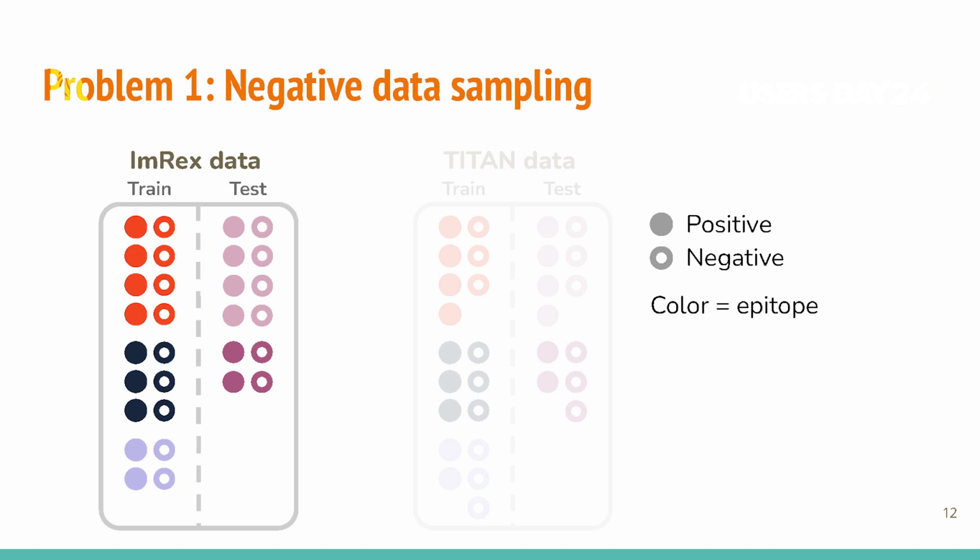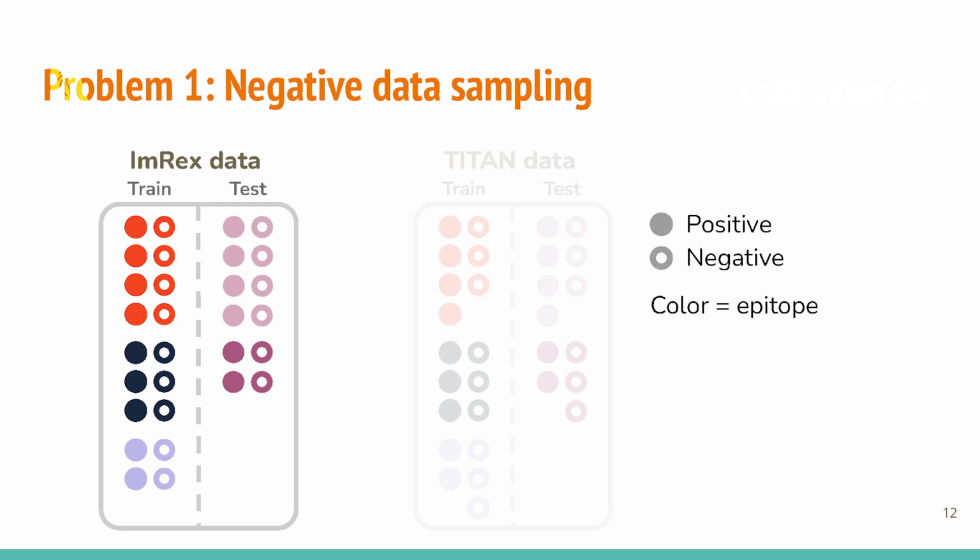We can only get positive samples, so T-cell epitope combinations we know that bind. So what we usually do to get the negative data, the open circles here, is randomly shuffle T-cell epitope combinations to get random T-cell epitope combinations, and because there are so many different possibilities, we assume that the random combination will always be a negative example.